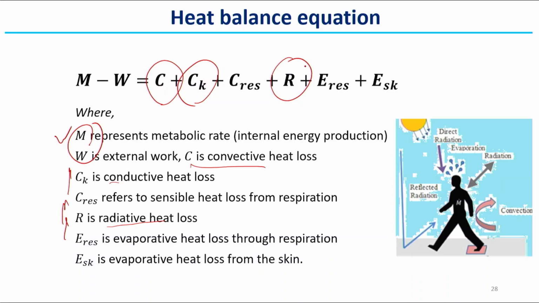To reduce this we have to design our clothing properly, because even evaporative heat loss from the skin can be restricted by proper design of clothing. So, these are the different mechanisms, and we have to balance this equation.